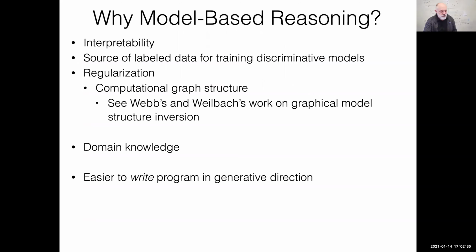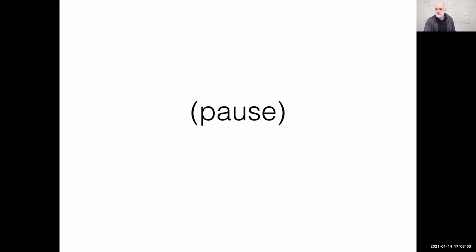But more importantly, maybe, despite all of our deep learning training that tells us if we have a bunch of training data and a partially specified program scaffold, it's actually easier to think and write programs in the generative direction in many situations. Not always, but many situations. So at the beginning of the term, we're going to assume that we can do this, and we're going to talk about doing probabilistic programming in the case where we actually have decent generative models.